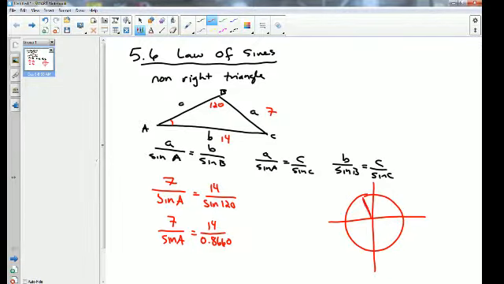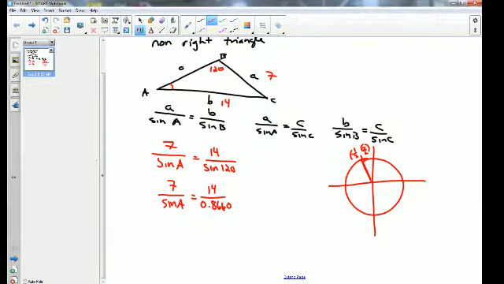Here's 120 degrees. Do you remember what the y coordinate is? It's root 3 over 2. Which of those is the sine? So you could put root 3 over 2 here, or the equivalent decimal. Take your pick. And this could be a no calculator problem.